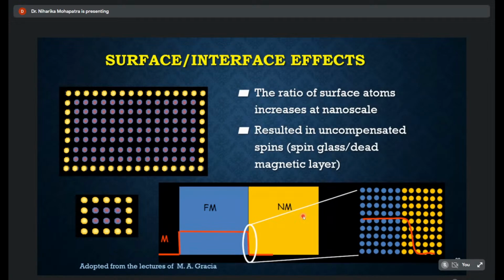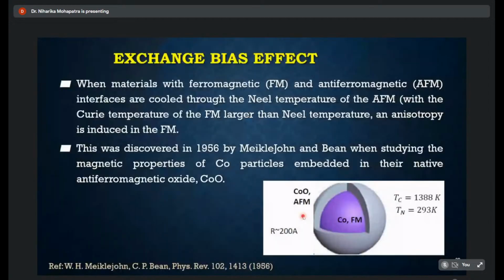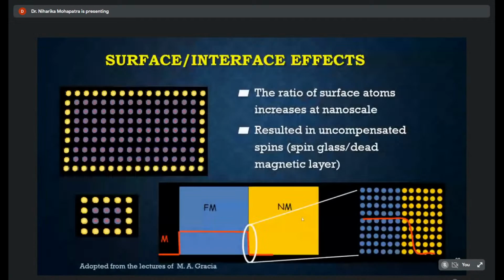So there are many such examples where both components are not magnetic, but when you combine them, you will find some sort of magnetism. Now I'll come to one of the proximity effects. All these effects are known as proximity effects or interface effects.